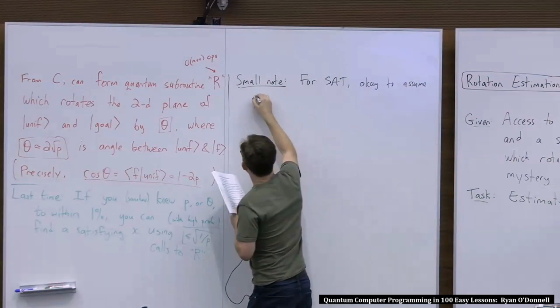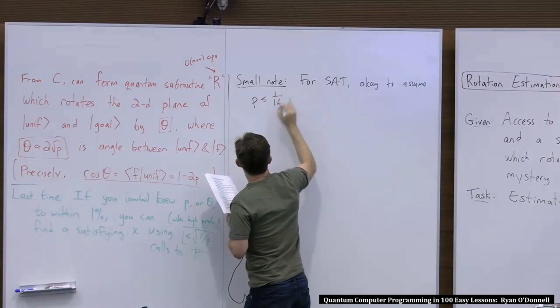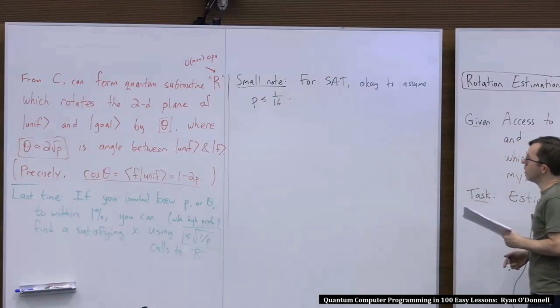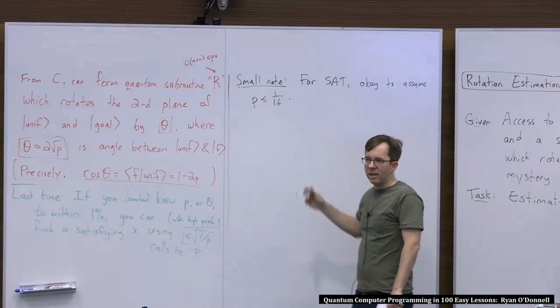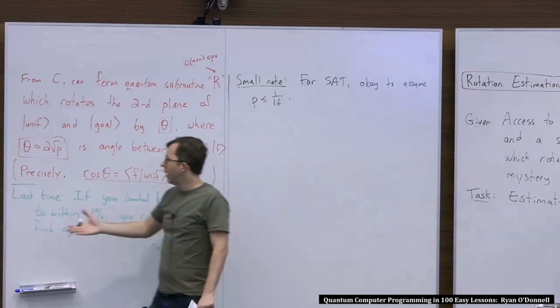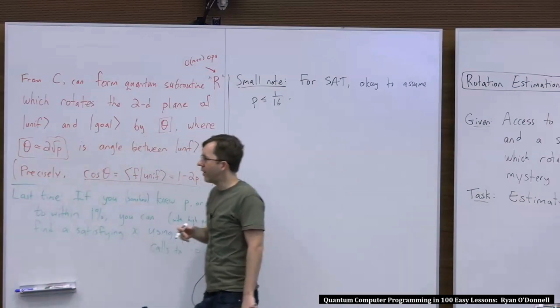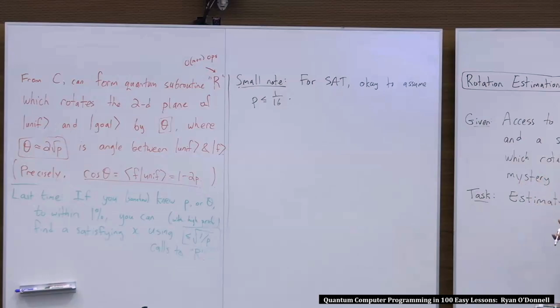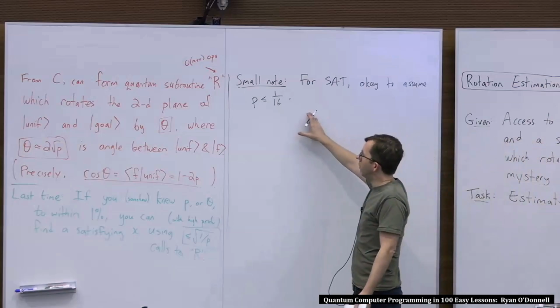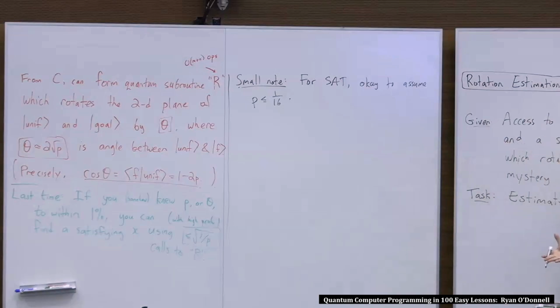Let's just say that p is at most 1/16. There's a couple of ways to do this, but maybe the simplest one intuitively is, if p is bigger than 1/16, then that's great. It means at least 6% of all strings satisfy f. So just pick, I don't know, 100 strings, and with very high probability you'll find a satisfying string and be done. So the only difficulty is when p is small, and really the difficulty is when p is really, really small, like 10 to the minus 10. But we'll just assume it's at most 1/16.